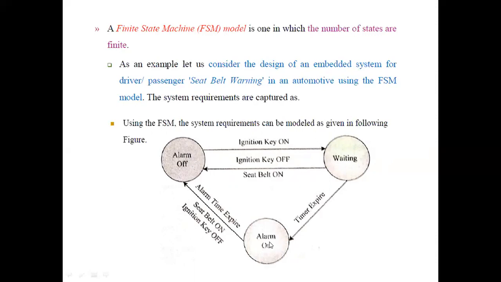The alarm on state continues until a seat belt on or ignition key off event or alarm time expire event, whichever occurs first. The occurrence of any of these events transitions the state from alarm on to alarm off state. The wait state is implemented using a timer.